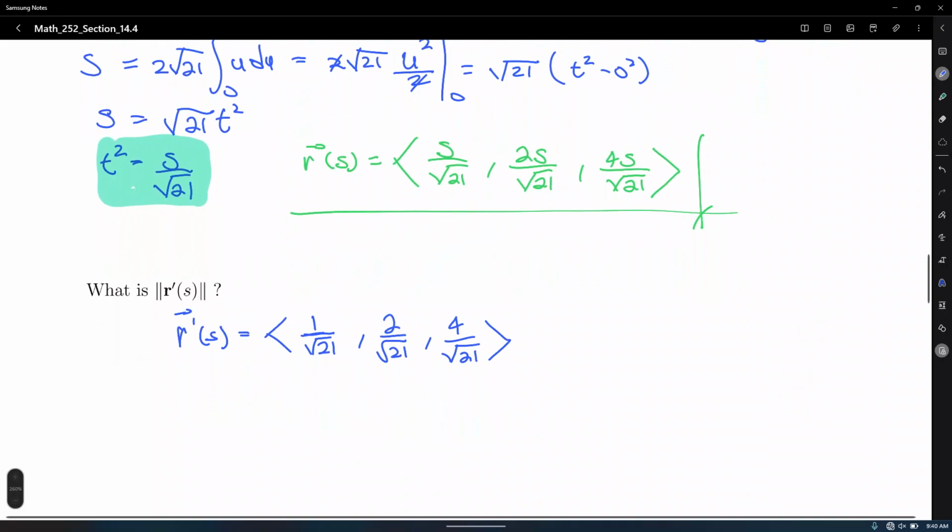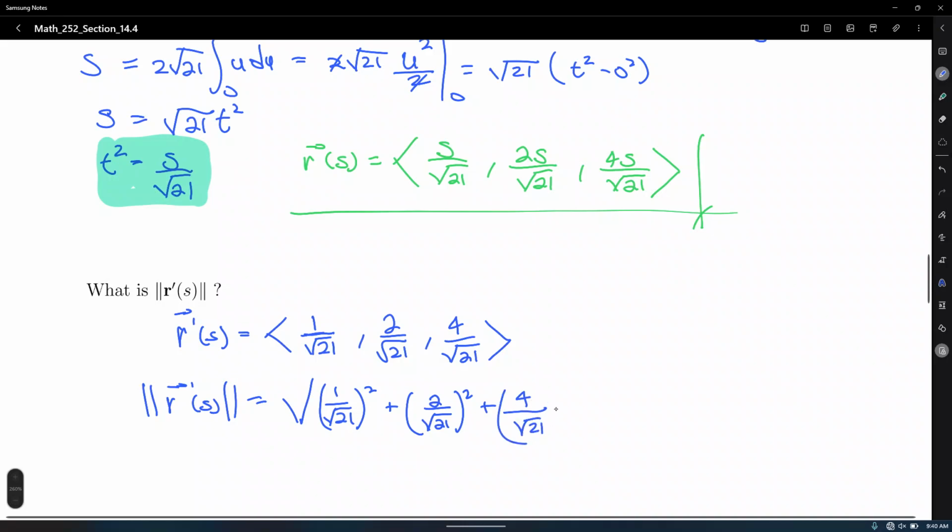So, let's find the magnitude of r prime of s. That equals the square root of 1 over the square root of 21 squared plus 2 over the square root of 21 squared plus 4 over the square root of 21 also squared.